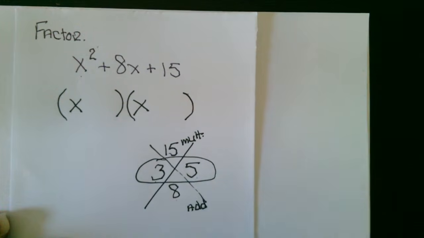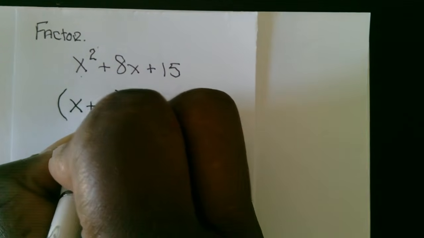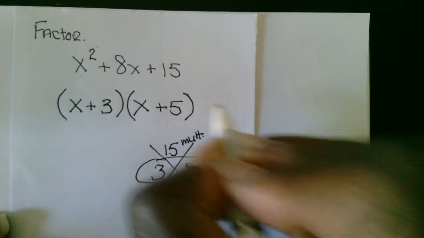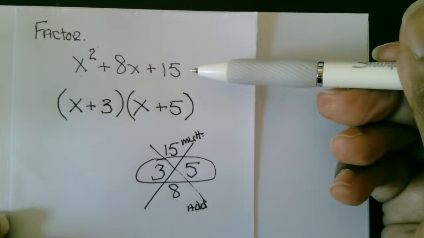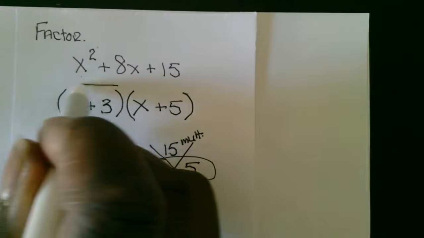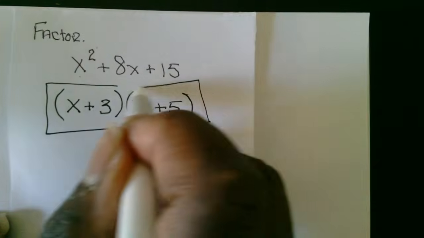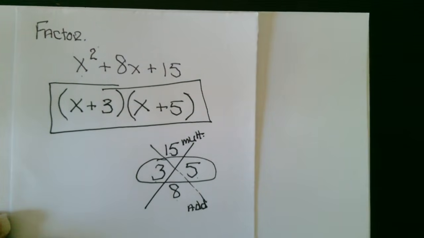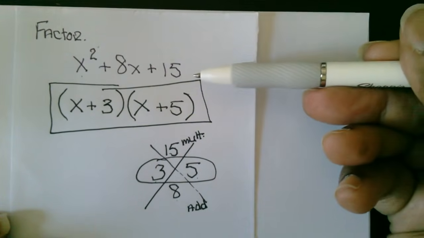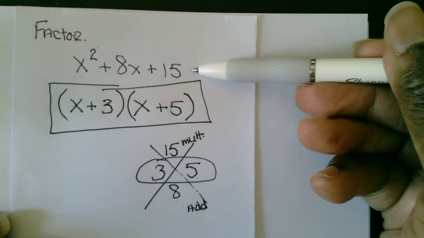Since they're both positive, you're going to have a positive 3 here and a positive 5 here. Now, there is no equal sign here, so we're not solving. This is when you stop. These two are your two factors to give you your original expression.